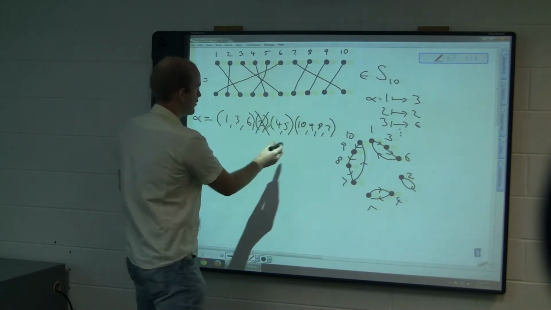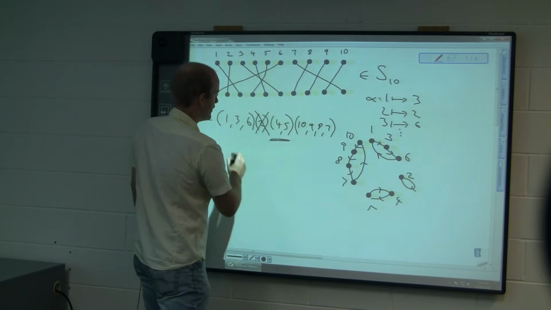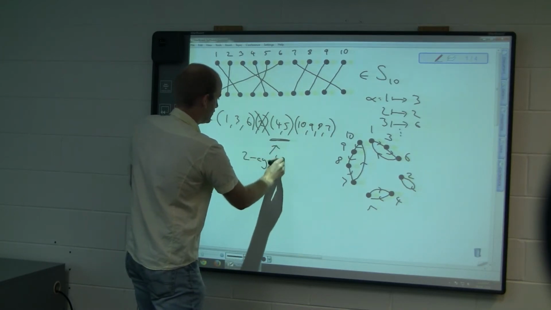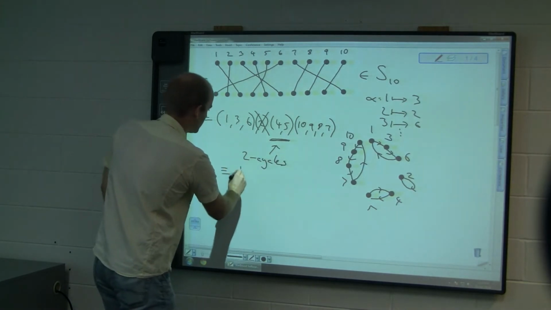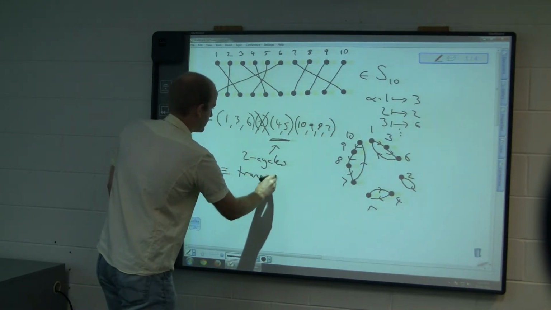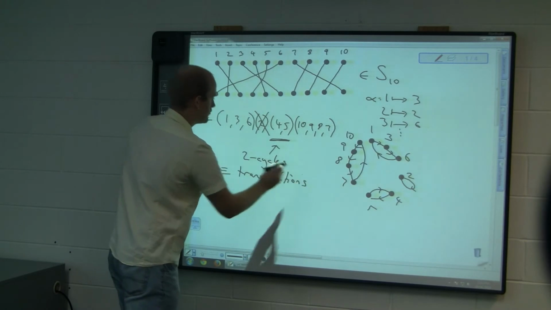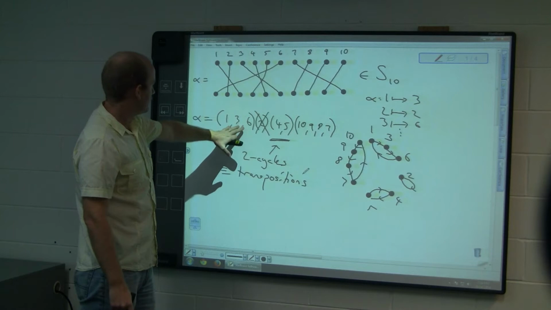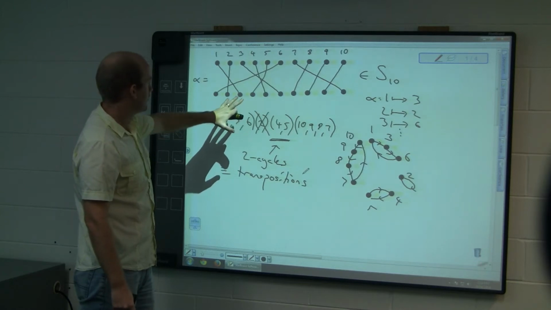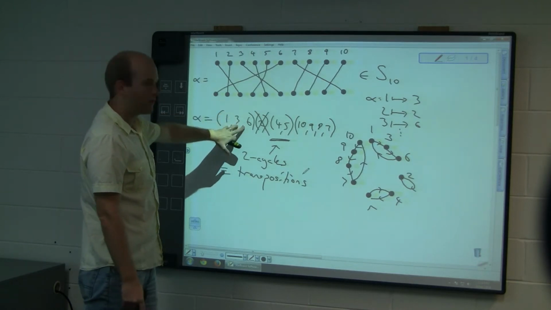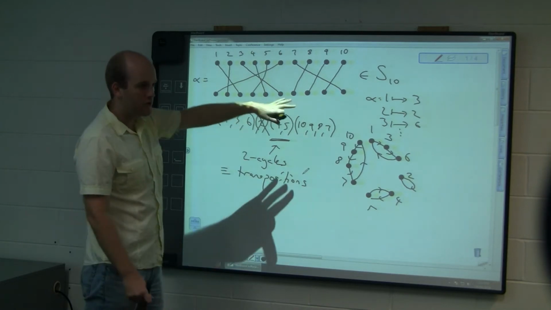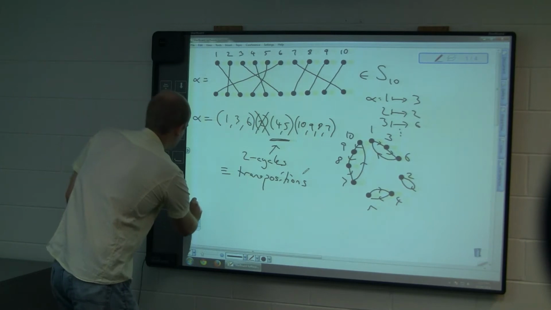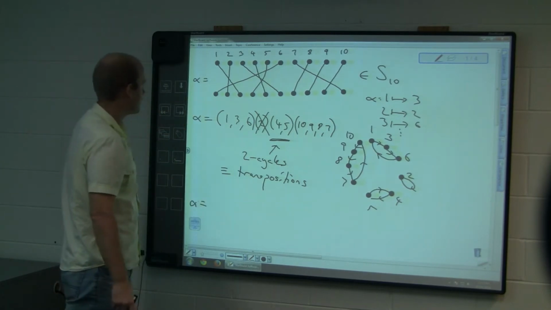So the simplest kind of cycle are the 2 cycles, and these are called 2 cycles, like I just said, or they're sometimes called transpositions. Okay. And well, it turns out that you can write a 3 cycle as a product of 2 transpositions, and a 4 cycle as a product of 3 transpositions. Let me just tell you what the answer is for alpha and then try and explain why that's the case.